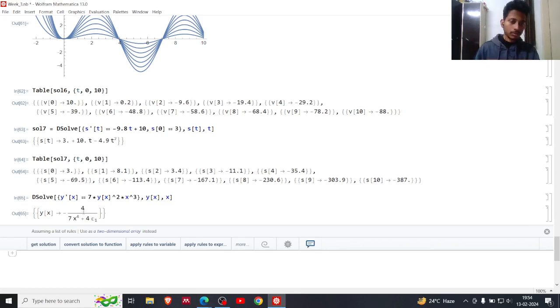So this is the differential equation. Y dash equal to 7y square x cube, 4 by 7 x to the power 4 plus 4 1.